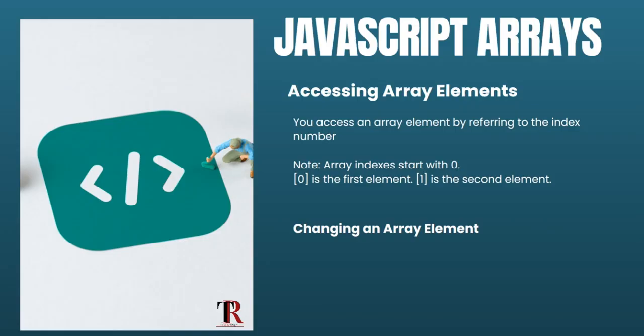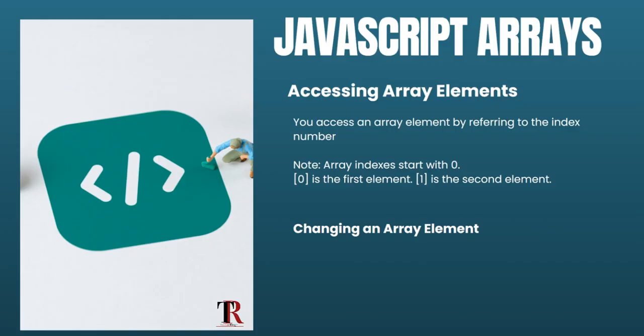So let's say you have 10 different elements. The counting is going to be 0, 1, 2, 3, and so on and so forth until you get to the last number, as against starting counting from 1. Just as it has been said earlier that JavaScript, like most programming languages, does counting from 0, the same thing is applicable to array elements. So the way you access an array element is by referring to the index number.